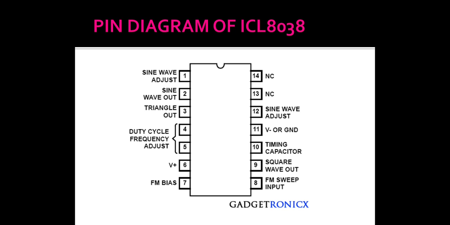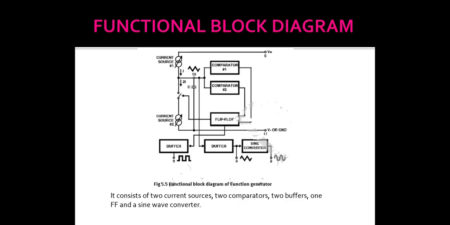Okay, now we are going to discuss the functional block diagram of ICL 8038. This is the functional block diagram of ICL 8038. This functional block diagram has two variable current sources, two comparators, two buffers, a flip-flop and a sine converter.